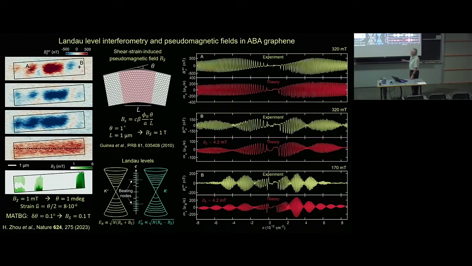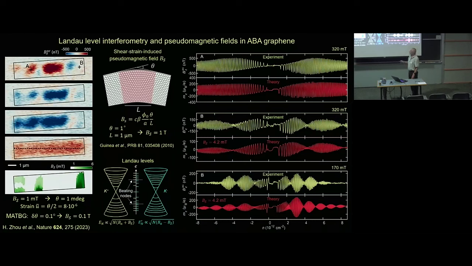Okay, but what amazes me is that essentially we have regions of a few microns that have a pseudomagnetic field of less than a millidegree, which is our minimum resolution determined by how many Landau levels we can actually map out. And which means a 1 millitesla pseudomagnetic field translates to a twist angle of 1 millidegree.